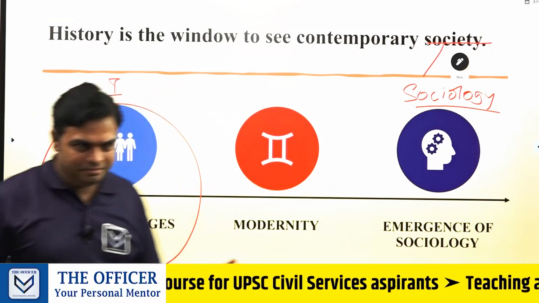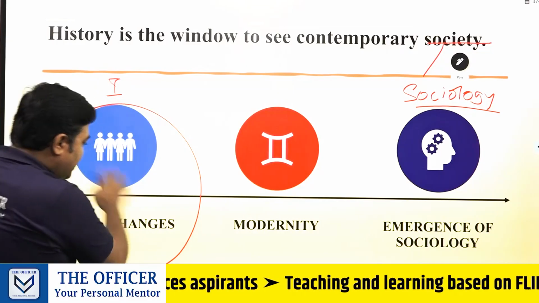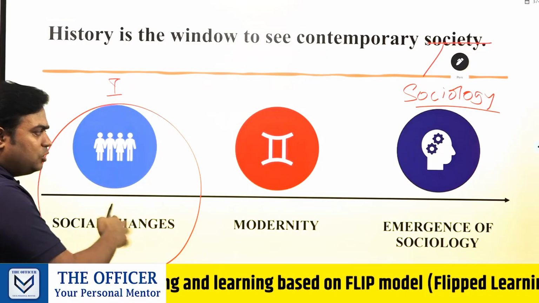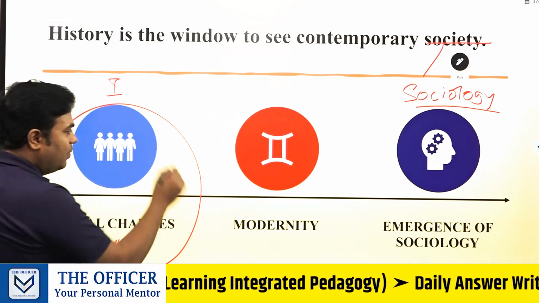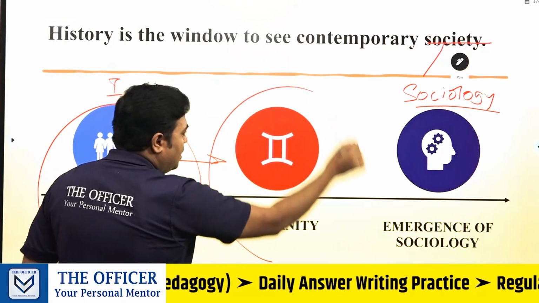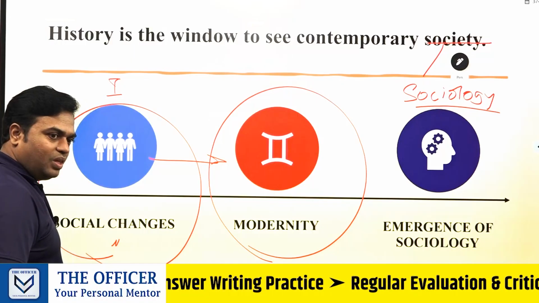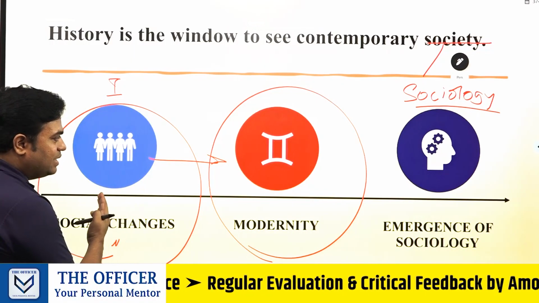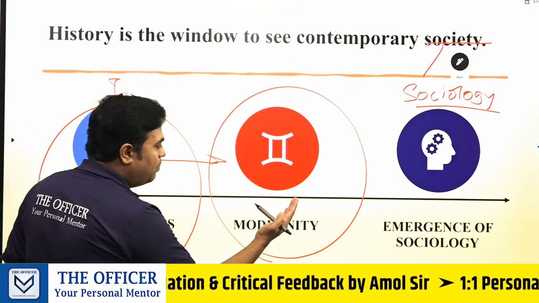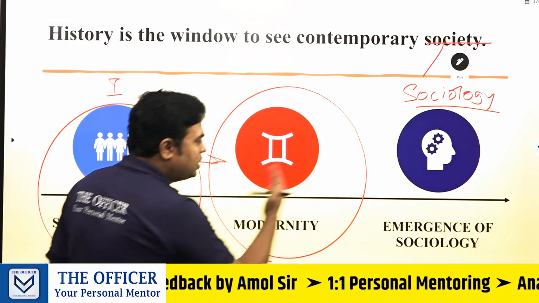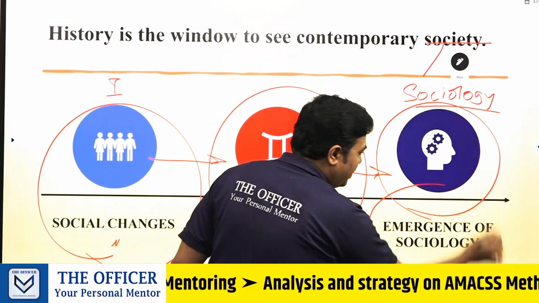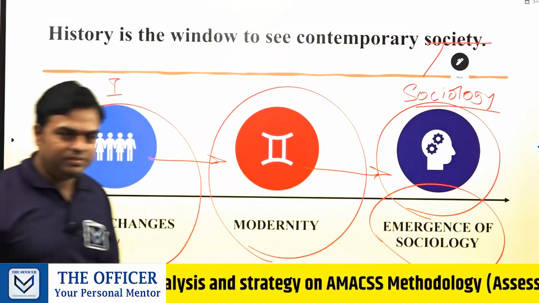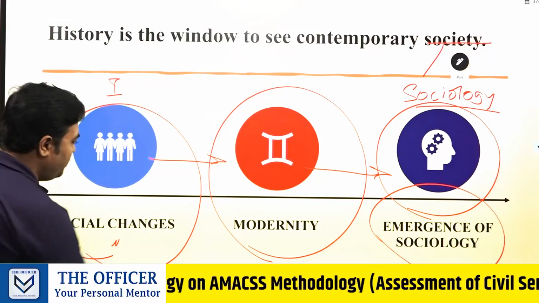As European society slowly and gradually changed, that led to the process of modernity. Because of all these social changes, European society started to become modern, and because of this modernity, the emergence of sociology became possible.